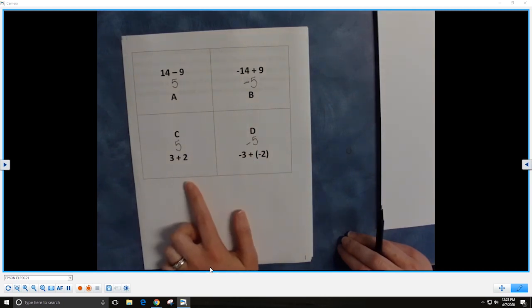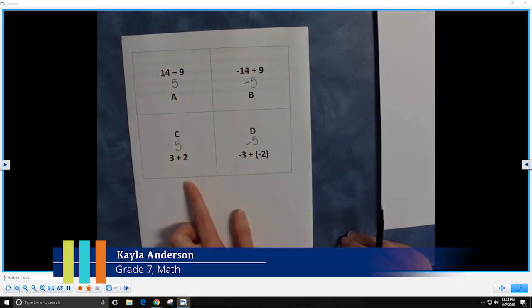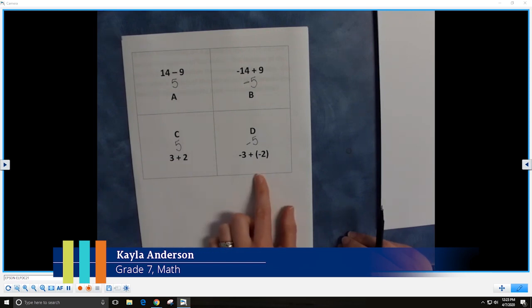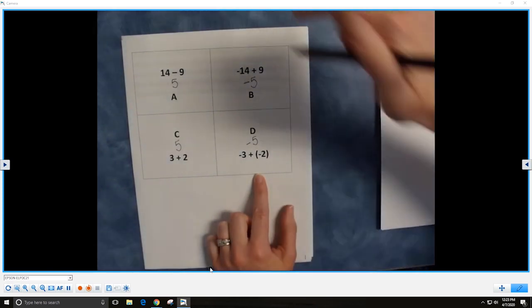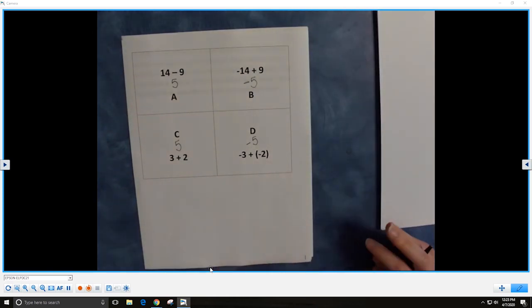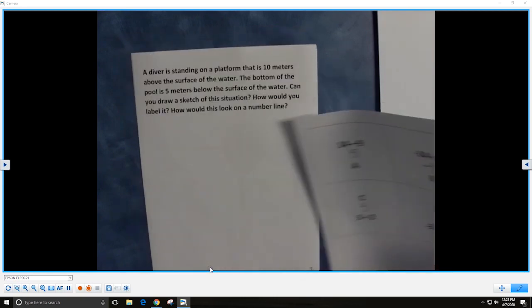C is the only addition expression with 2 positive integers. D is the only addition expression with 2 negative integers. We just reviewed how to add positive and negative numbers. In this part of the lesson, let's focus on subtracting positive and negative fractions and decimals.